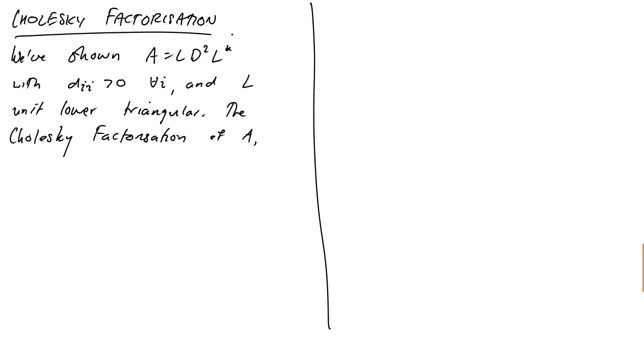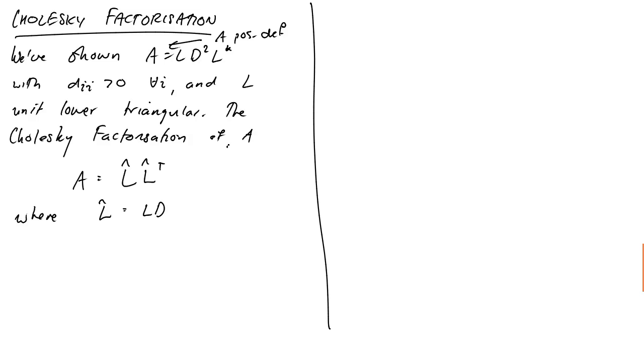where we'll just note A is positive definite. The Cholesky factorization of A is given by A equals L hat L hat transpose, where L hat here is equal to L times D. So the Cholesky factorization of a matrix is basically breaking it up into the product of a triangular matrix with its transpose.